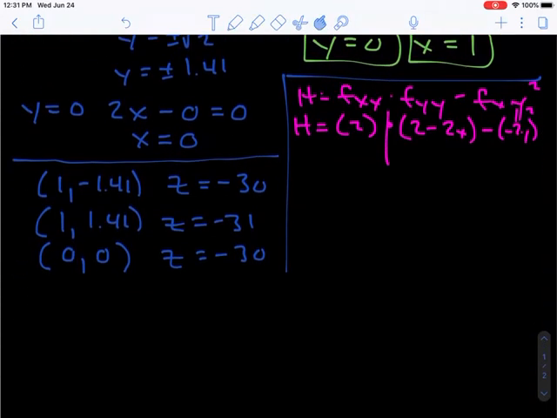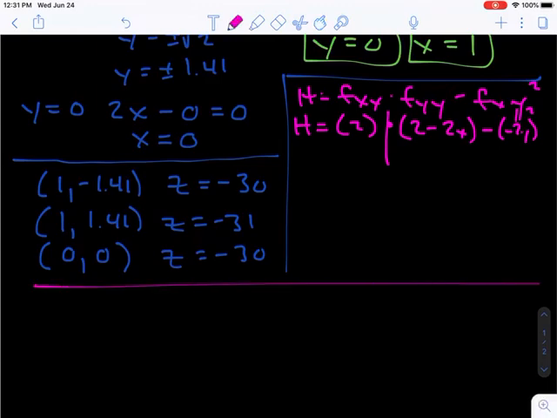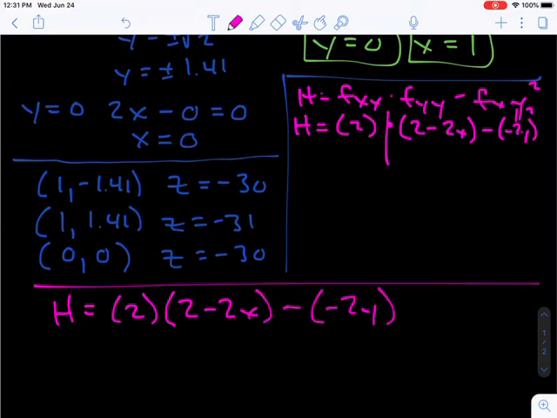So the Hessian is 2 times 2 minus 2x, minus negative 2y squared.